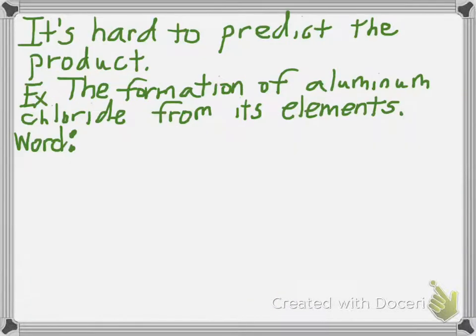Now, for combination and synthesis reactions, it is hard to predict the products, so oftentimes you won't be asked to do that. If you are asked to predict the products, it's going to be something like this example that we're going to do together right now. I've given you the sentence here: the formation of aluminum chloride from its elements.